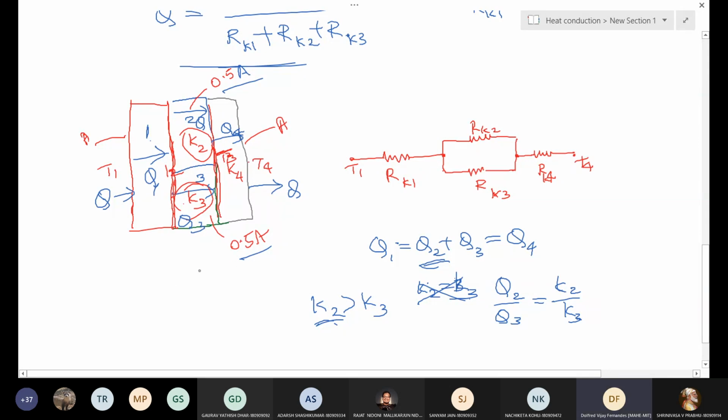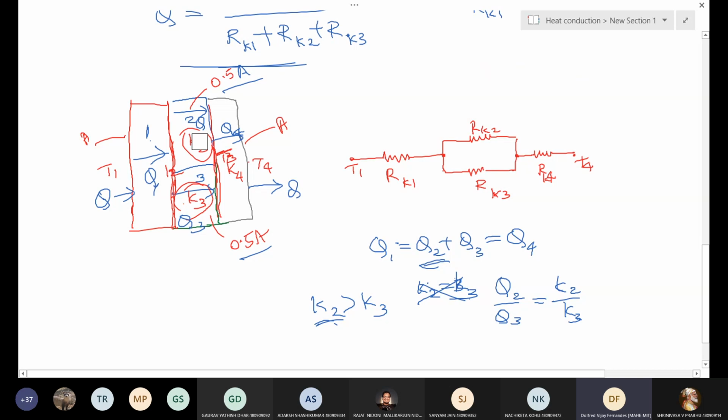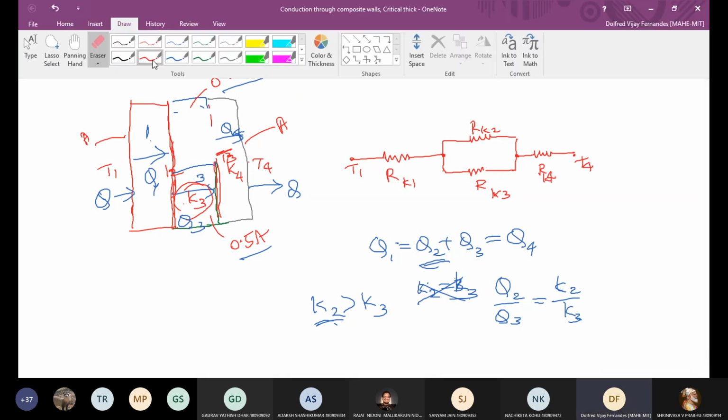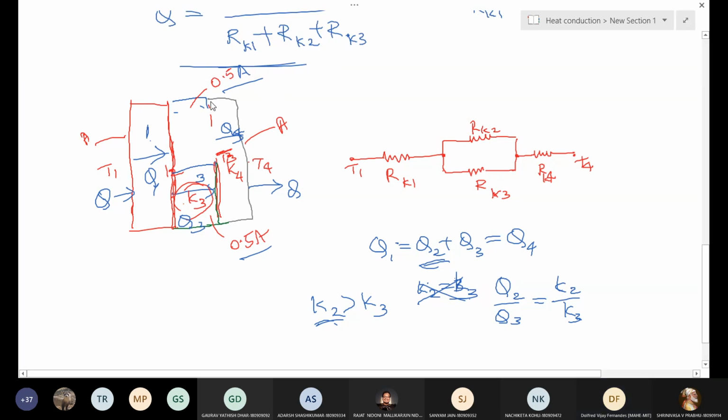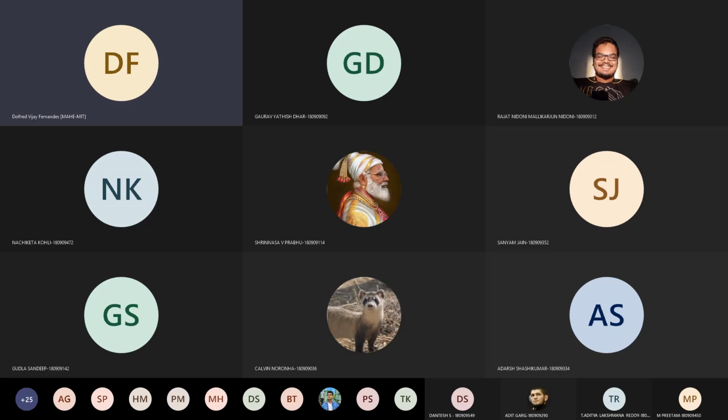Again, if I want to divide the wall K2 or K3 into 2 layers, I can do that. If I divide this wall by putting 2 layers, what will happen? Our circuit has to be changed again. This is a different material, and this is a different material.